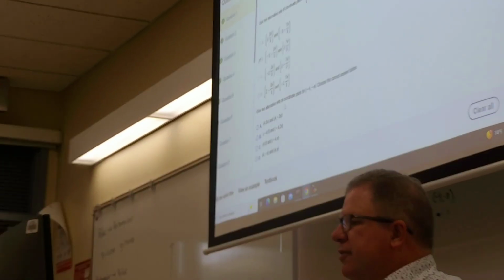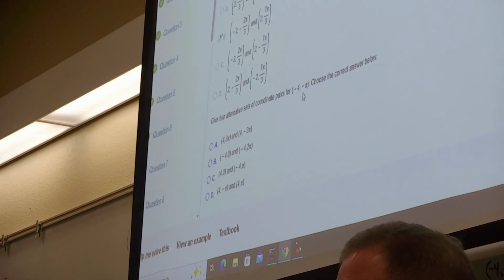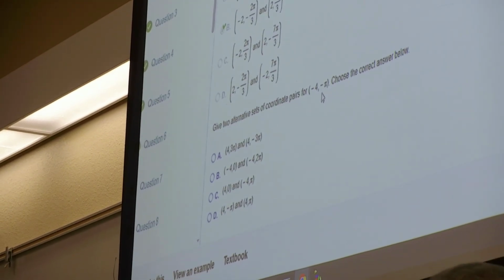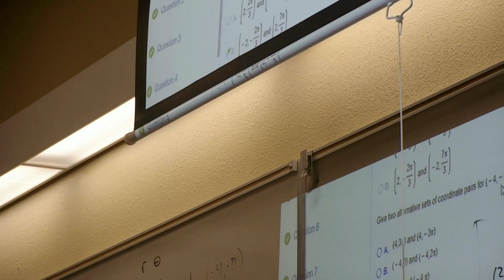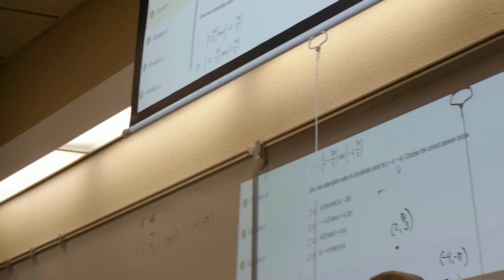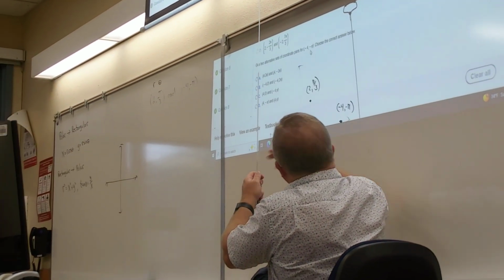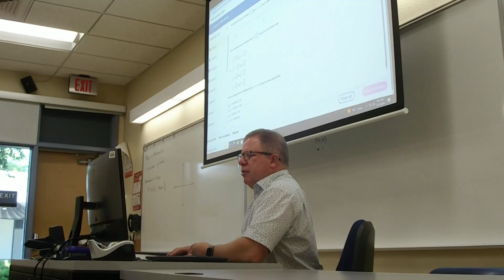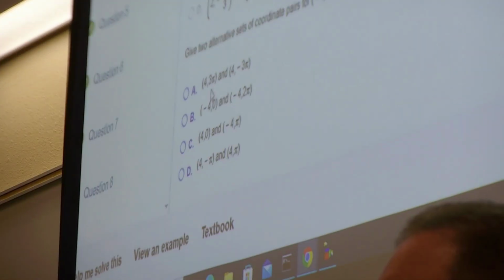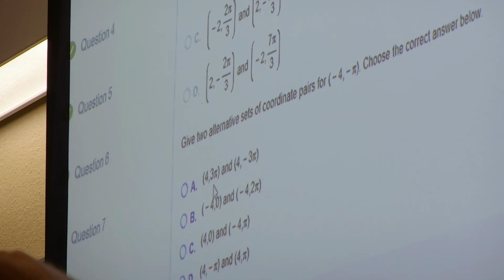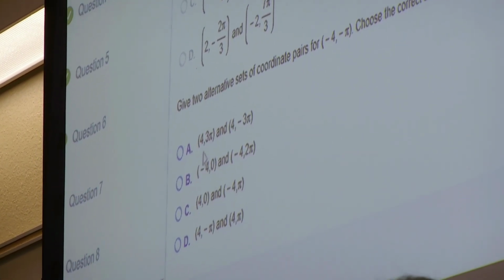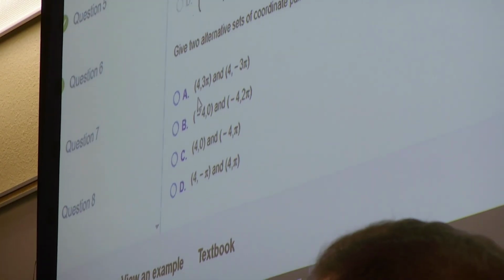Now we need an alternative set for negative 4, negative pi. So let's remember, negative 4, negative pi is over here on the positive x-axis, 4 away from the origin. A, 3 pi. That takes us all the way around and then another half. And then they have a positive 4. That's not going to do it, is it?